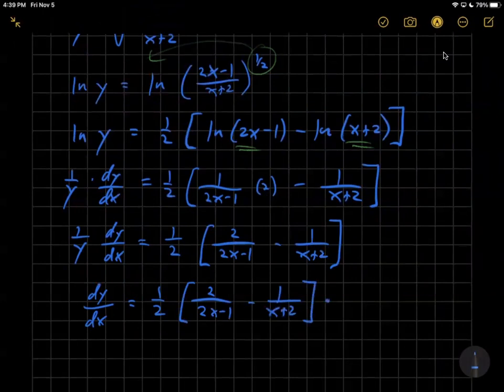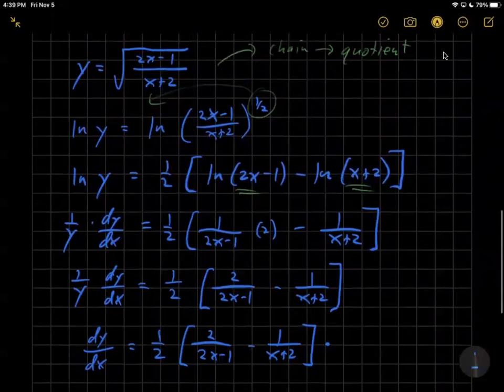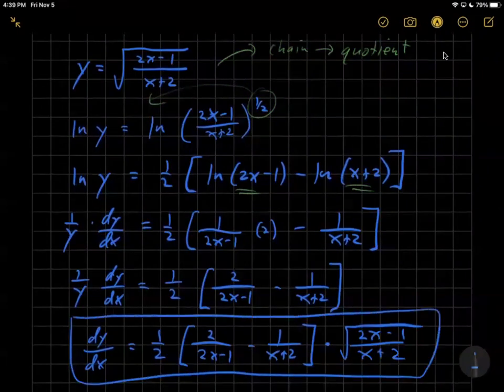And when you multiply by y, it was the square root of 2x minus 1 over x plus 2. And there we have it. So you can see there's less to do on paper. If you know your rules of logarithms, you can pretty quickly get to an answer using logarithmic differentiation.